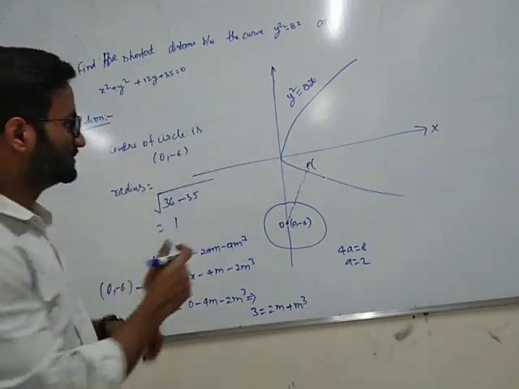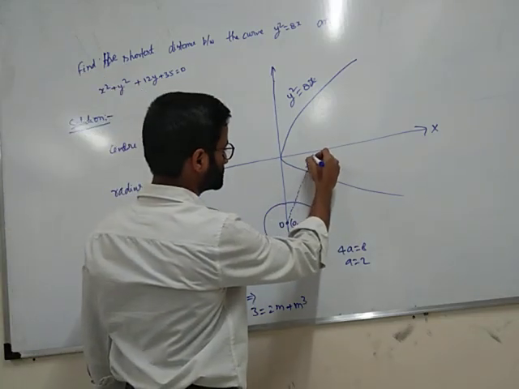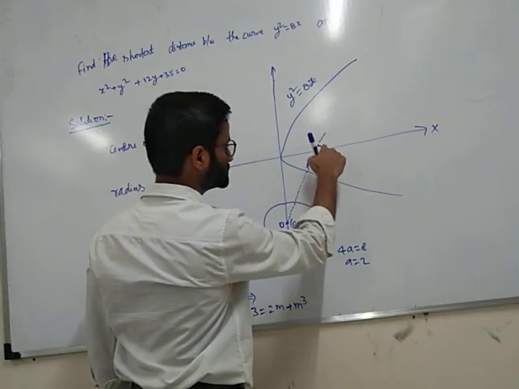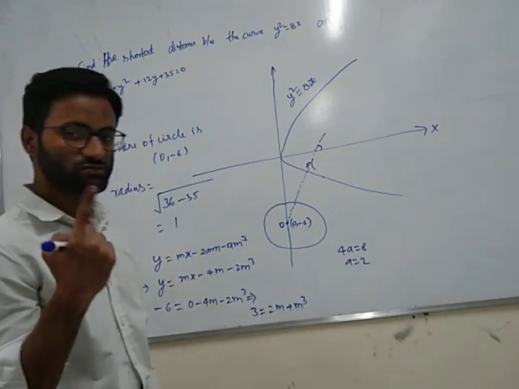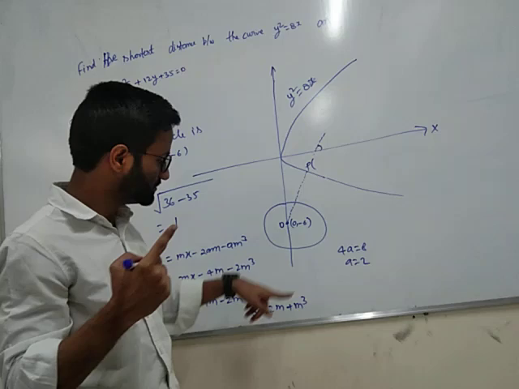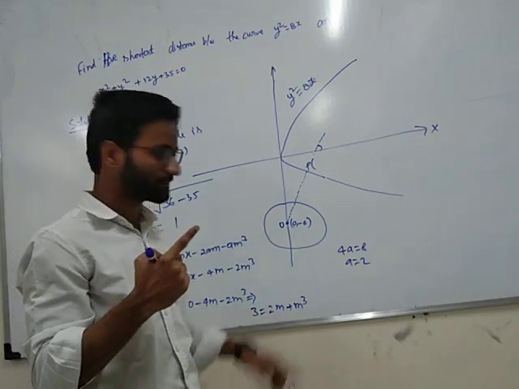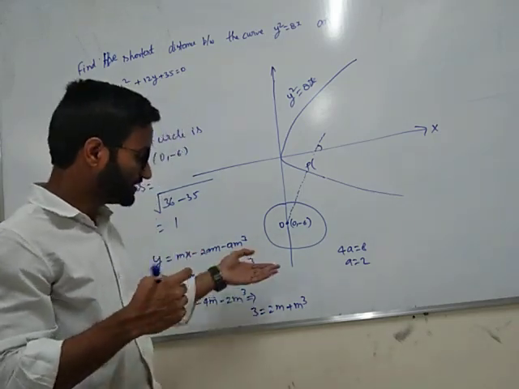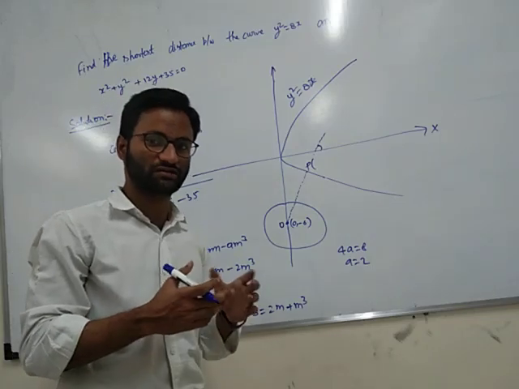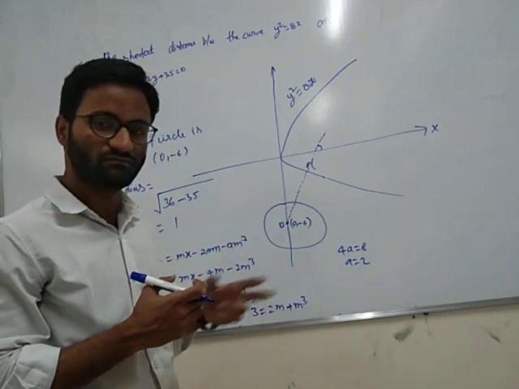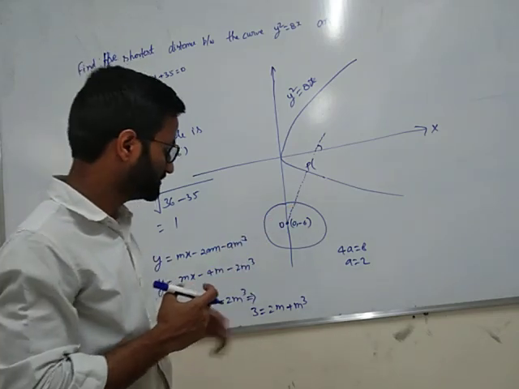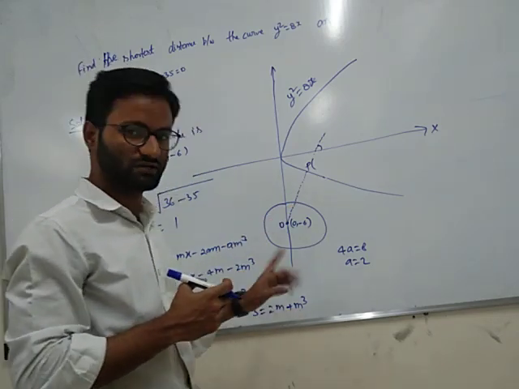If you observe carefully, the line is passing through like this, and m is 1, meaning tan 45 degree is 1, and theta is 45 degrees. So 1 is the slope. You can find the other slopes also, but m is equal to 1 definitely exists.